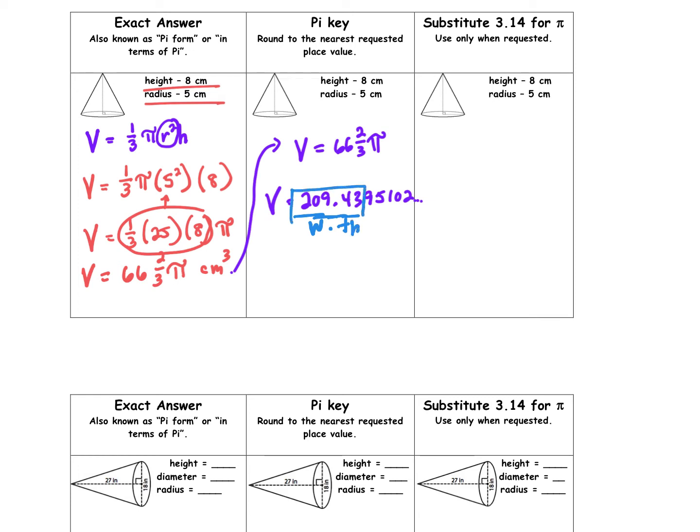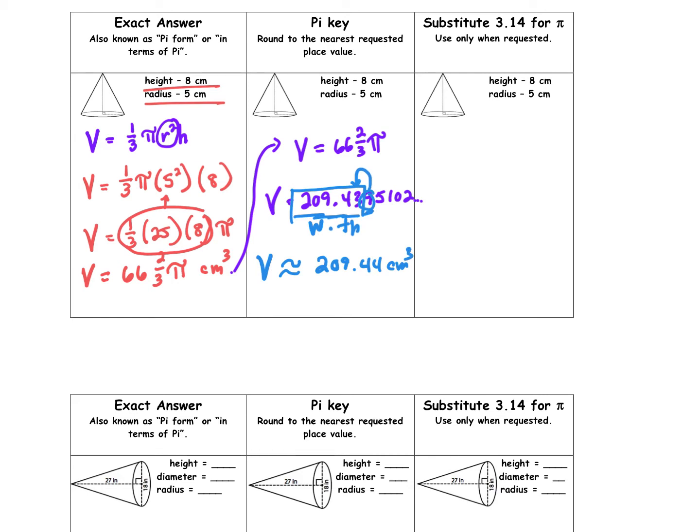We're going to see 209 and 43 hundredths or 209 and 44 hundredths. Well, this bossy 9, the number back behind where we rounded, tells the 3 to go up. So the volume is approximately 209 and 44 hundredths cubic centimeters.